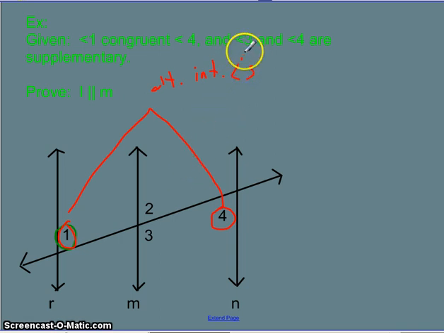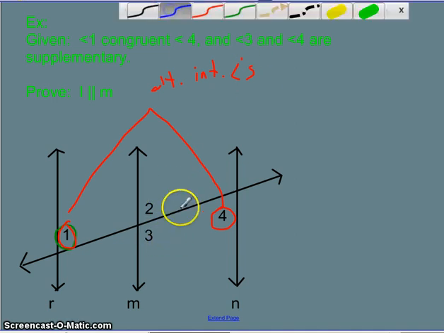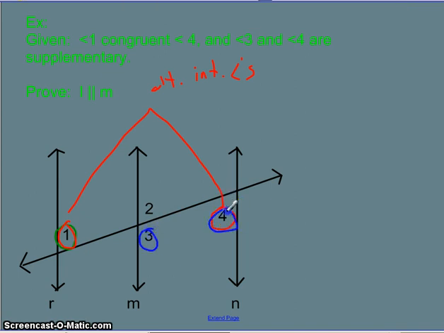Okay, and then let's see, angle 3 and angle 4 are supplementary. So let's see if I can maybe mark this in blue here. These two would be same side interior angles.